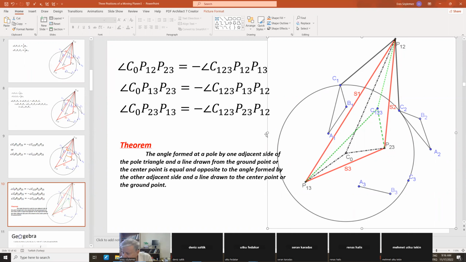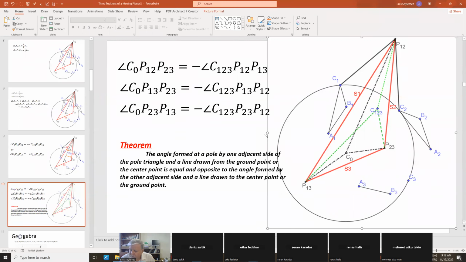Now, using this concept, I can select C0, determine the base point using this theorem, and then reflect it with respect to side 1, side 2, and side 3 to determine the circle point.